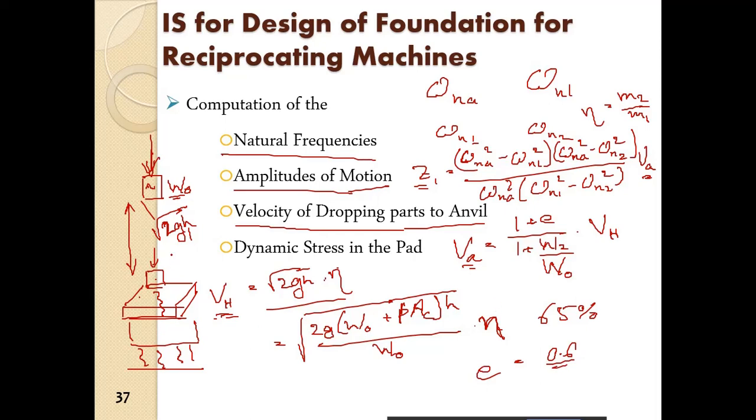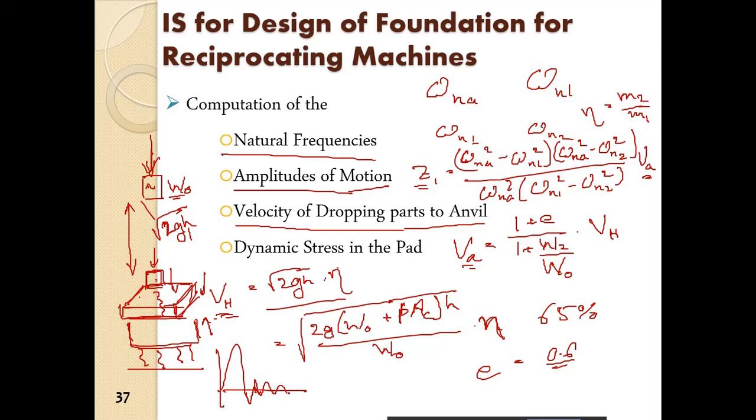When the hammer falls and hits the anvil, some amount of energy gets dissipated quickly in the elastic pad. That is the elastic restitution. Then it generates the velocity, which moves on to the foundation, and the foundation and the anvil start to move, and there is a harmonic motion.